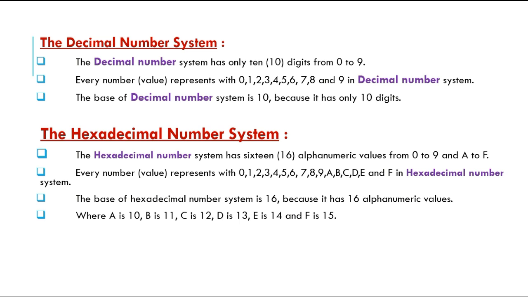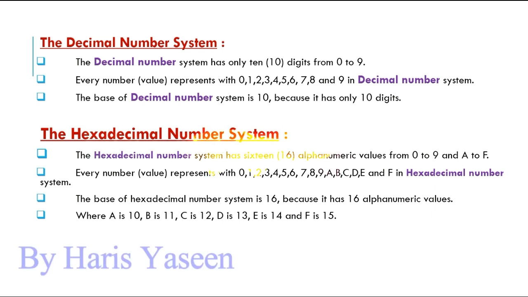It has 10 digits. If we suppose decimal number system is a language, it has 10 alphabets, and all words are the concatenation of these 10 digits, which is 0 to 9. Decimal has 10 states, digits or divisions.